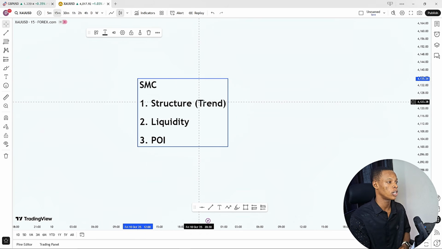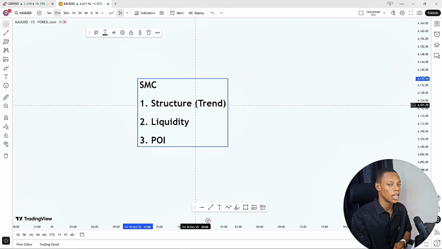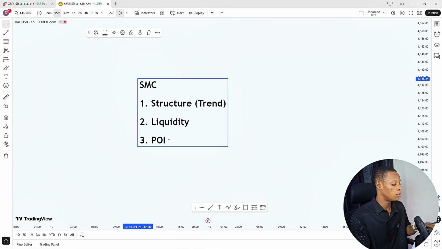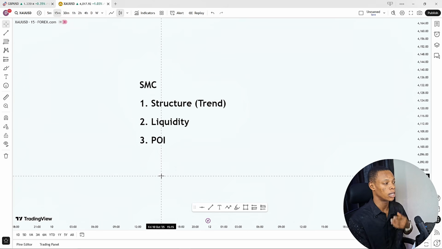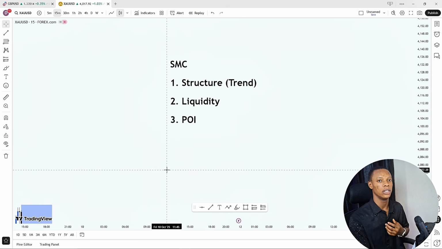And this structure is just the trend, to know what direction the market is trading in. Then the second one is liquidity, which is going to help fuel the move. I'm going to explain it. Then the third one is the POI. This POI is my point of interest, my point of entry. Those zones where I'll be taking the trade from, where I'll be taking the buy from, where I'll be taking the sell from.